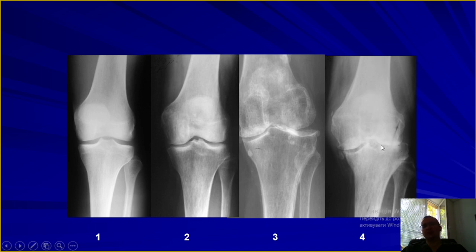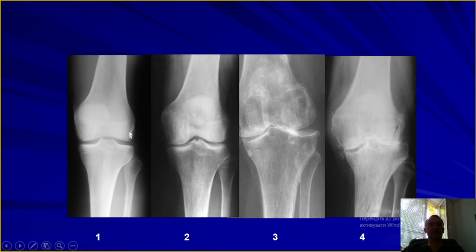You see the joint space is completely lost, and you see such a varus deformation of the tibial bone with decreasing height of the medial plateau of the tibia, just like here, but on the fourth stage it is more severe. And osteoporosis on the second stage.